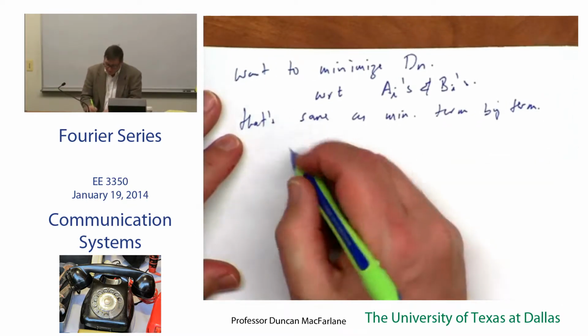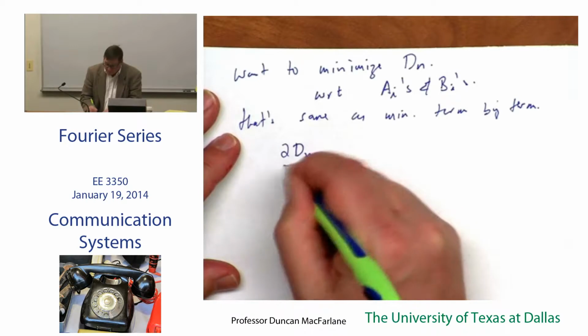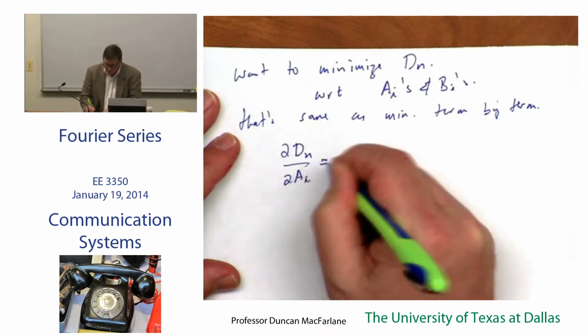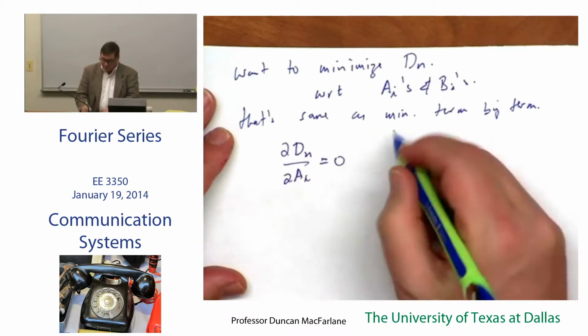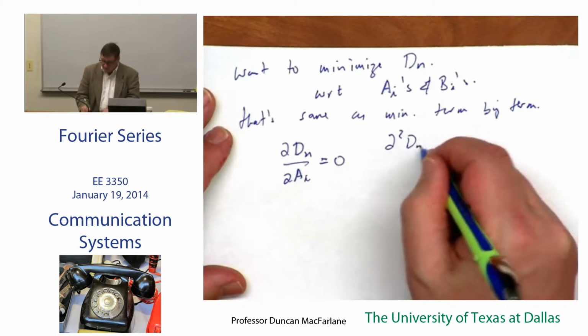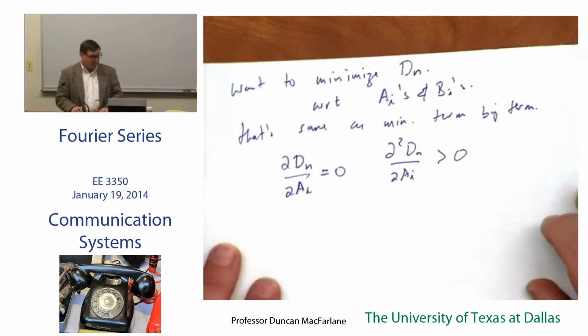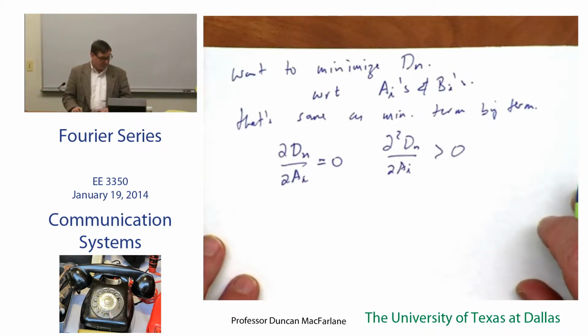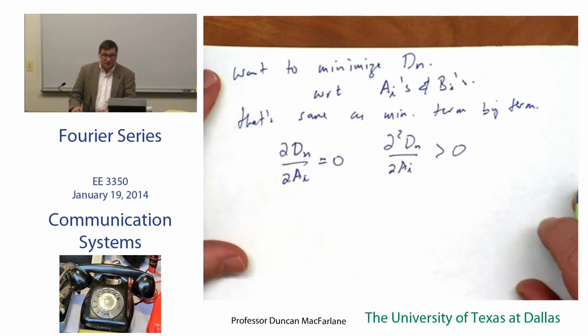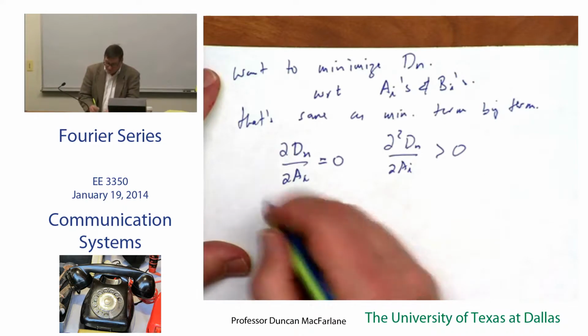So formally, the partial of d n with respect to a i must equal 0 to minimize, and the second partial of d n with respect to a i greater than 0. Okay? So we'll look at term by term.